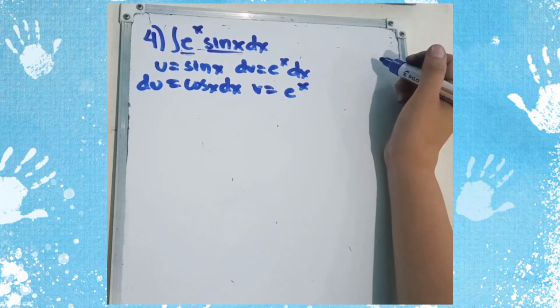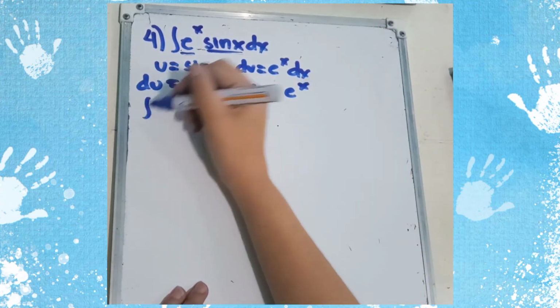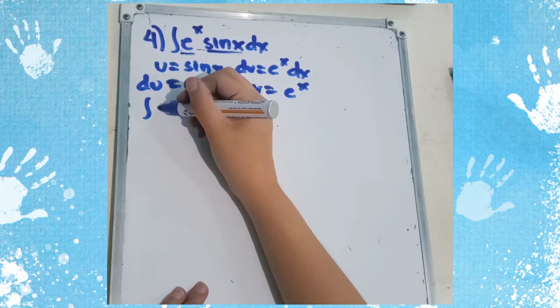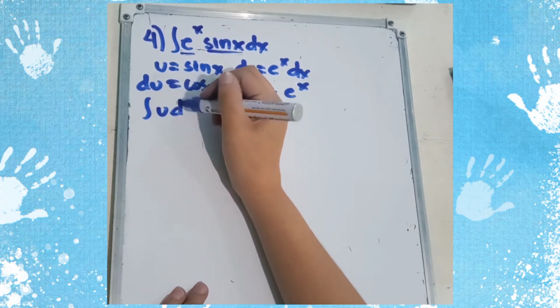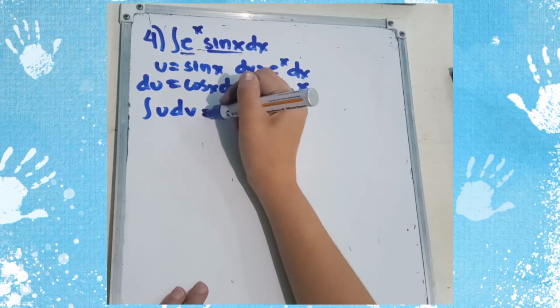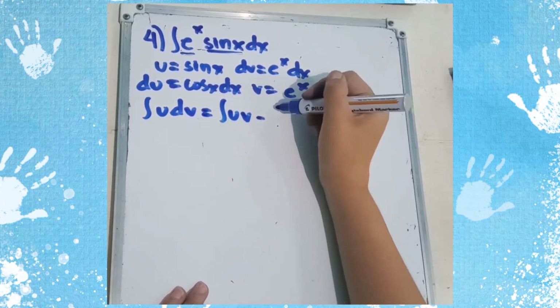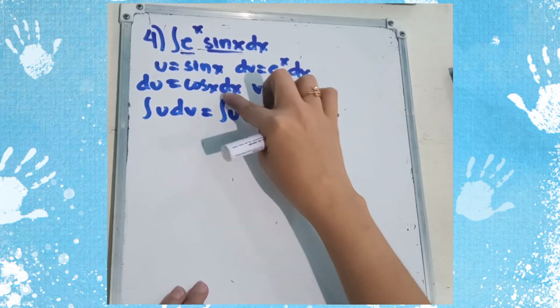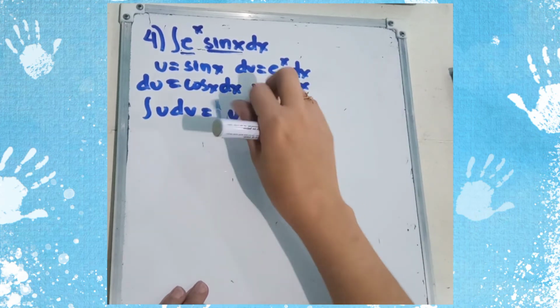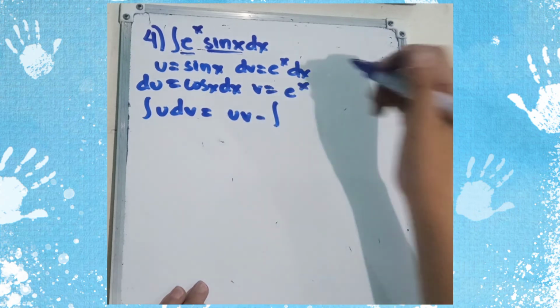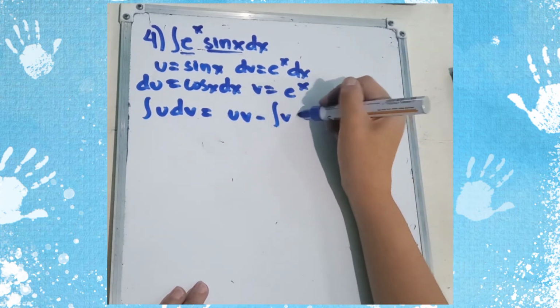So recalling our formula for integration by parts, the integral of u dv is equal to uv minus the integral of v du.